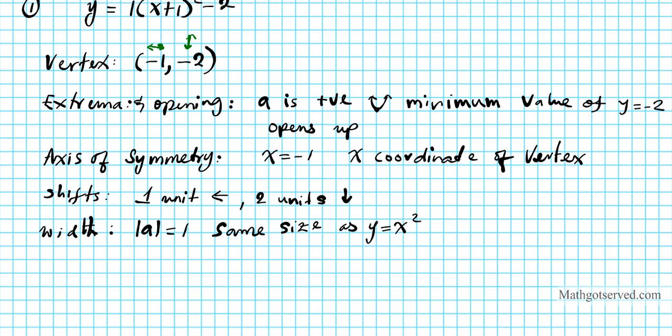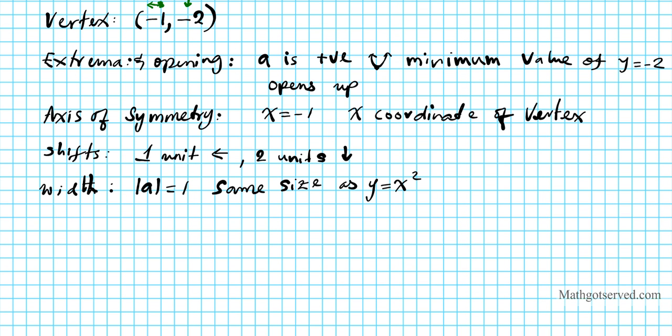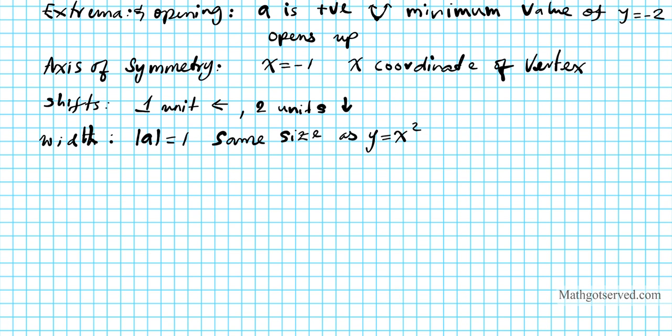All right, now let's sketch the graph. We're going to use this information to do that. So we'll draw a coordinate system, with your x axis and your y axis.